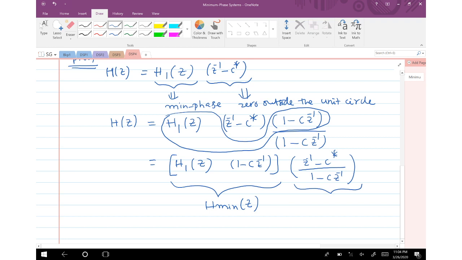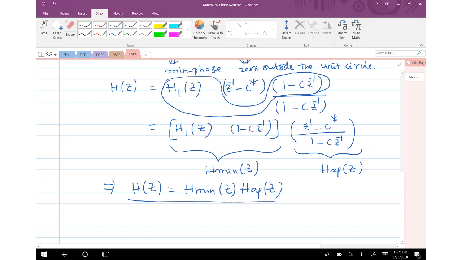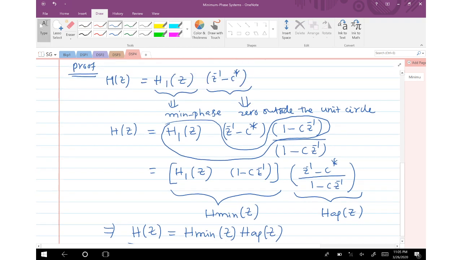This is nothing but an all-pass filter. So this is equivalent to H_ap(z). Okay, therefore we are able to write H(z) as H_min(z) into the all-pass filter H_ap(z).